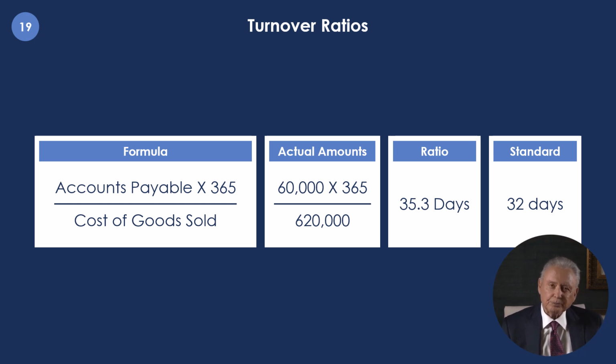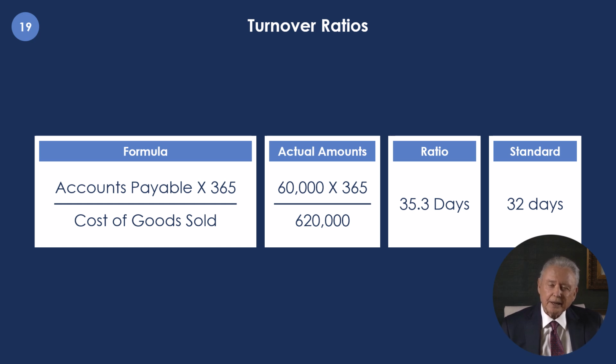Our actual 35 days is reasonably close to standard, but we could improve slightly. Paying down $5,000 in accounts payable would bring the number to $55,000. Then 55,000 times 365 divided by 620,000 equals 32 days.